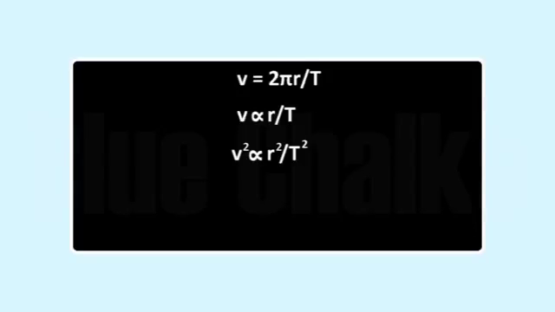If we multiply as well as divide the right side of this relation by r, we get v² is directly proportional to r³/t² into 1/r.